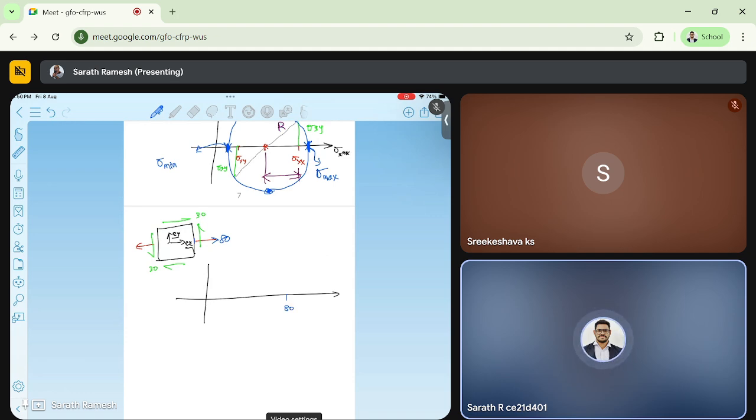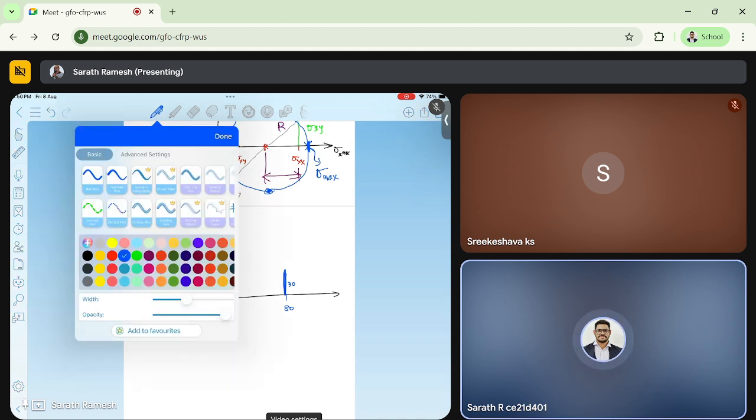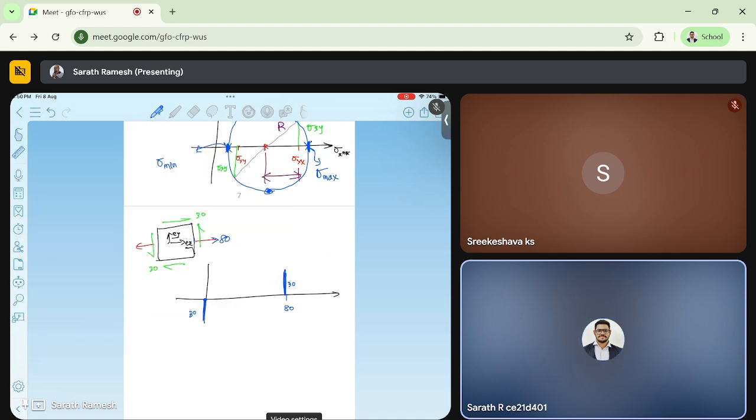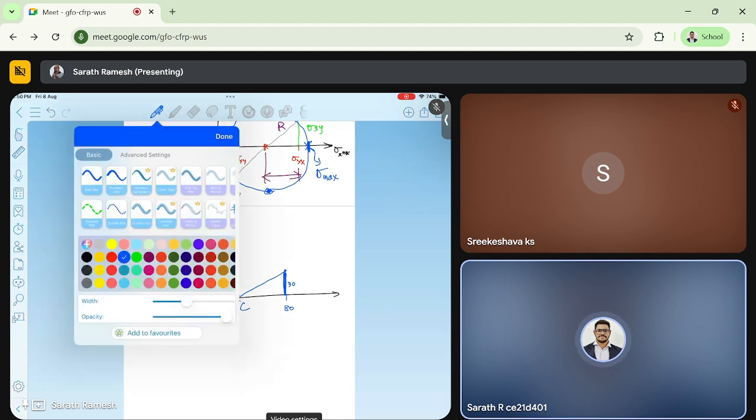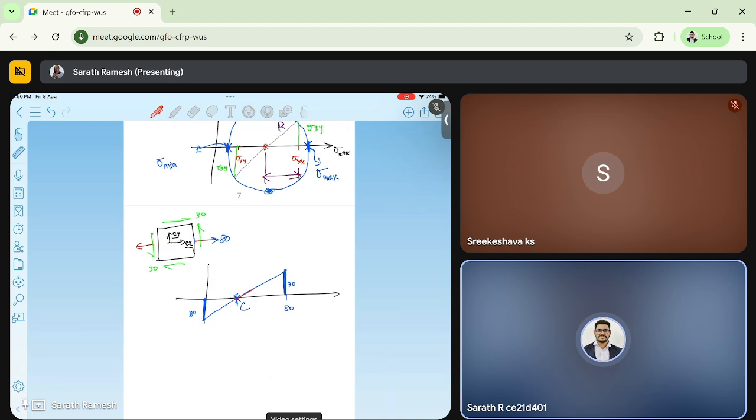Sigma yy is 0, so here sigma yy. From sigma xx, I have positive shear, so I'll go up 30. And at yy, I have negative shear, 30. Now when we join these two, we will get a diameter. They will intersect the x-axis at the center correctly. This is the center. Now we can draw the Mohr circle for this using the radius.